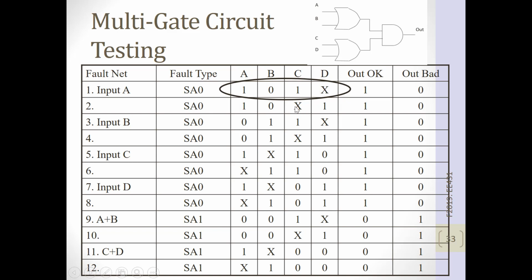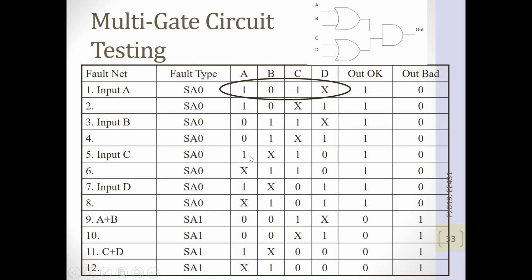So when you do this circle, you're not looking to merge the exact same test. You're looking to merge some other test, like on a different input or on an output. So let's see if this can merge with anything. Can't merge with either of these because this needs A to be 1 and B to be 0, so it can't merge with that.